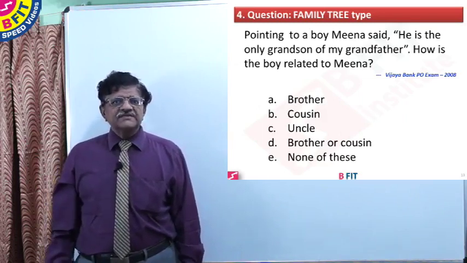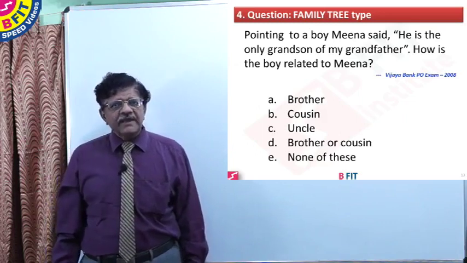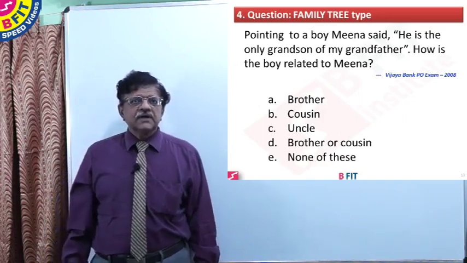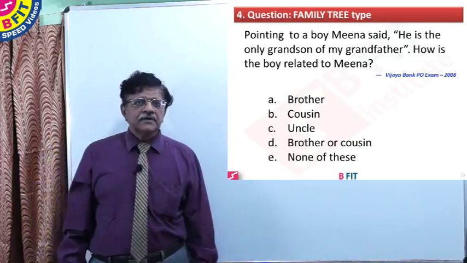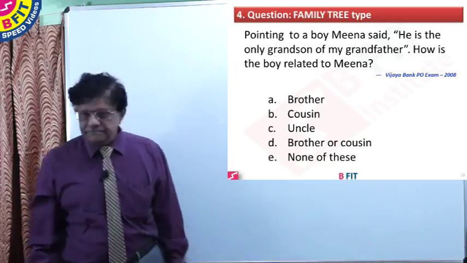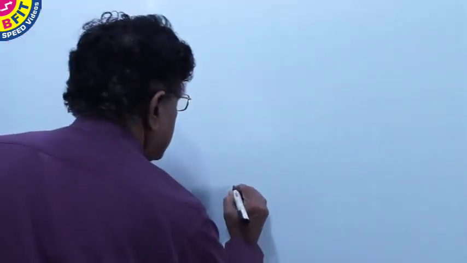Pointing to a boy, Meena said, "He is the only grandson of my grandfather." How is the boy related to Meena? Now let us see the working. This is Meena.